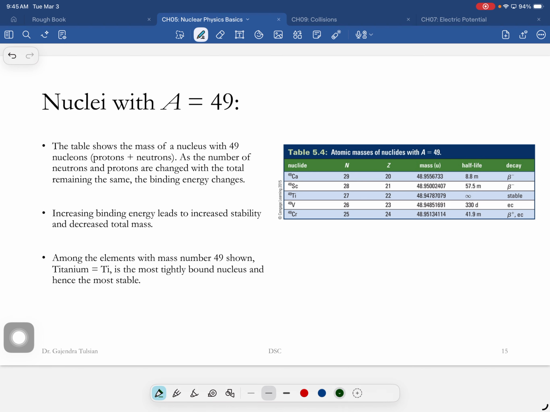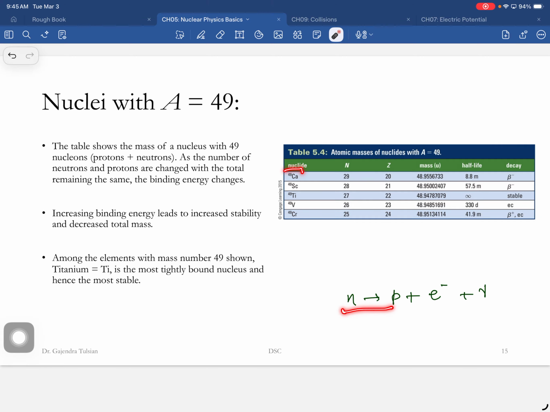So after beta decay, what does it become? In the beta decay, what happened? A neutron turned into a proton. So 21, Sc, whatever that is. No, it's not silicon. Scandium. Yes, scandium. Very good. So it became scandium.